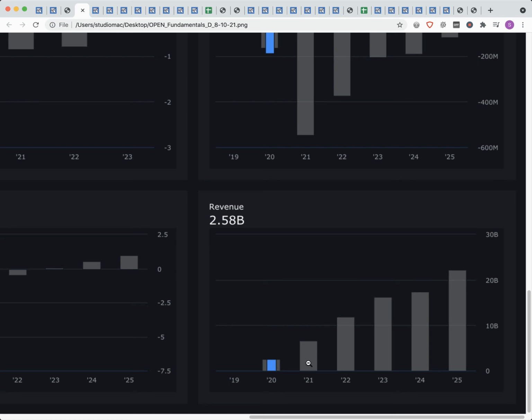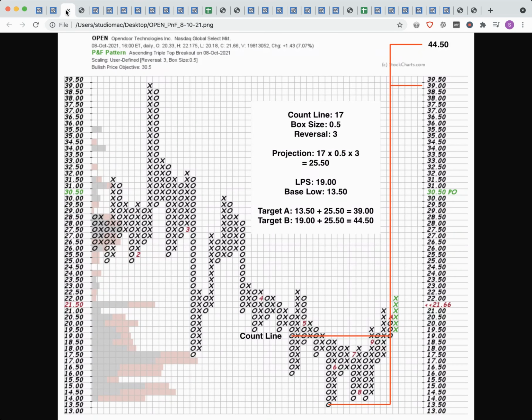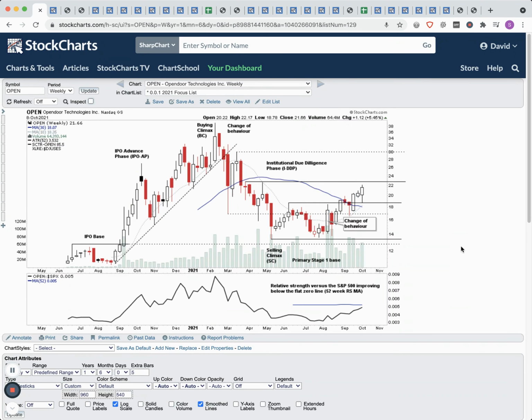So last year was, I think, around 2 billion-ish. So you can see over 20 billion there. Yeah, 2.58 billion was the revenue last year. So we've got potentially 8 or 9 times by 2025 on last year's. So that is really, really strong revenue growth expected from the various analysts that cover the stock at the moment. So that's what I'm looking for in this one.